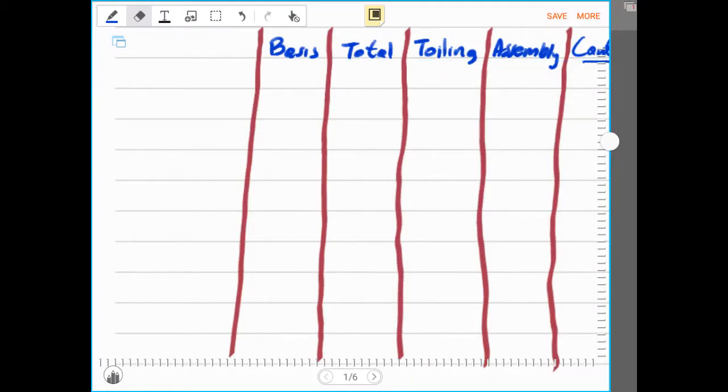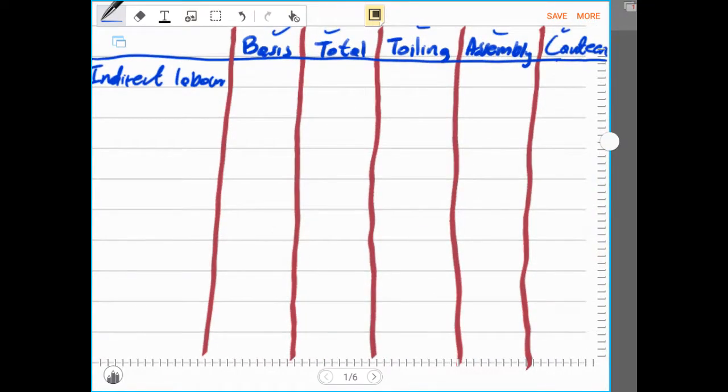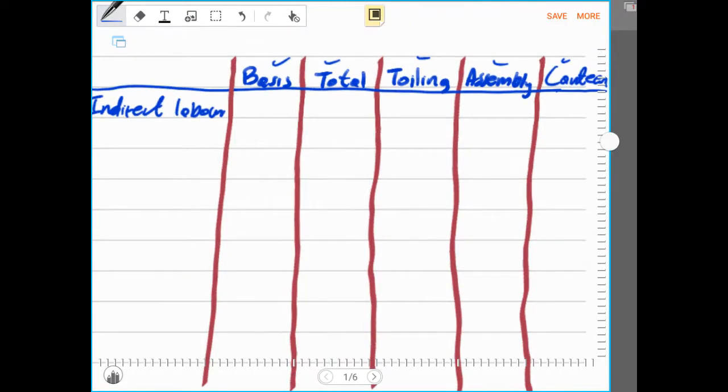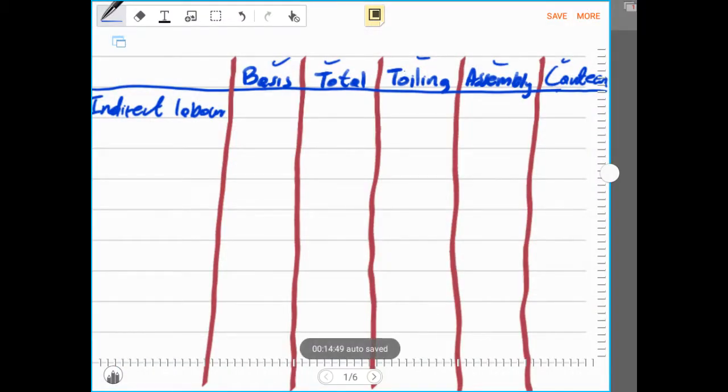Then I write indirect labor, and remember I already have all the columns for all the departments: total, then we have tooling, we have assembly, and we have canteen. Tooling is WO, sorry for that, is WO.